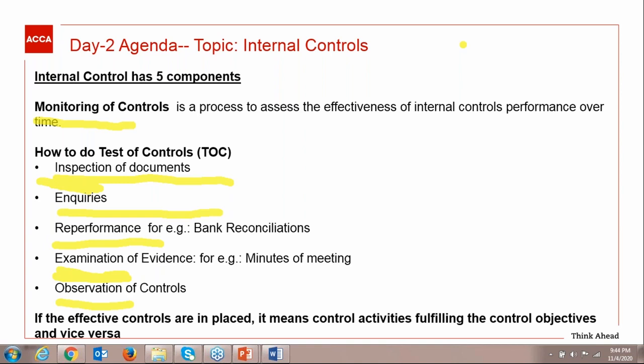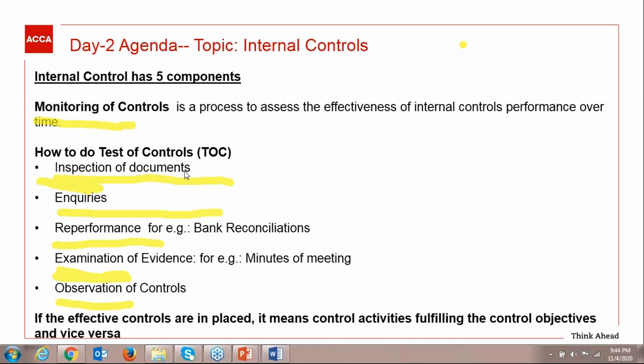Now, here comes the auditor role. Here we come to this slide. That's our role. Now we evaluate the internal controls which are set by the management. These are the controls which are set by the management. Inspection of documents.